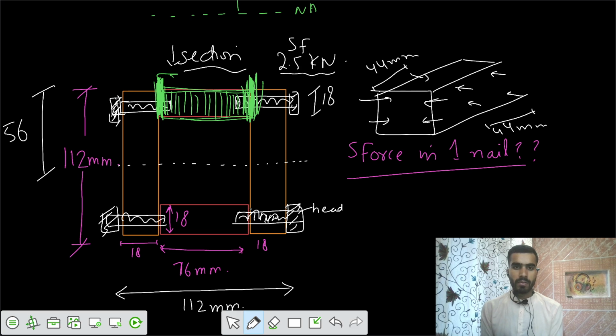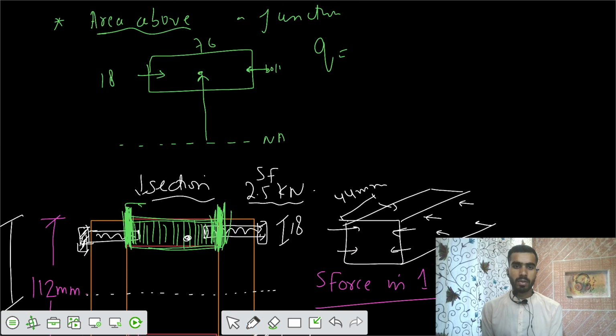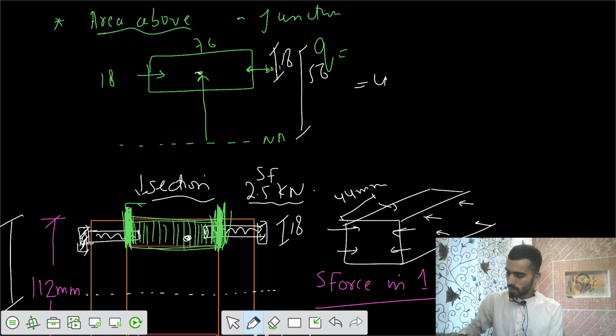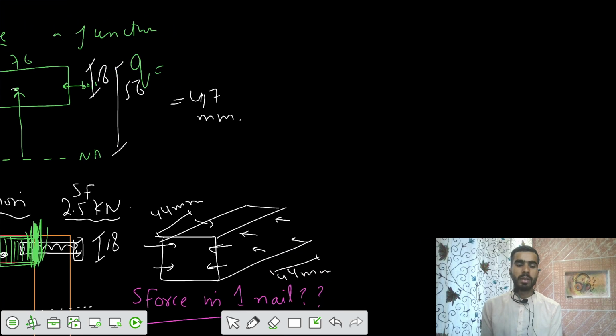That means 56 minus 9, so the centroid is at 47 millimeter. So 47 millimeter is what you need.